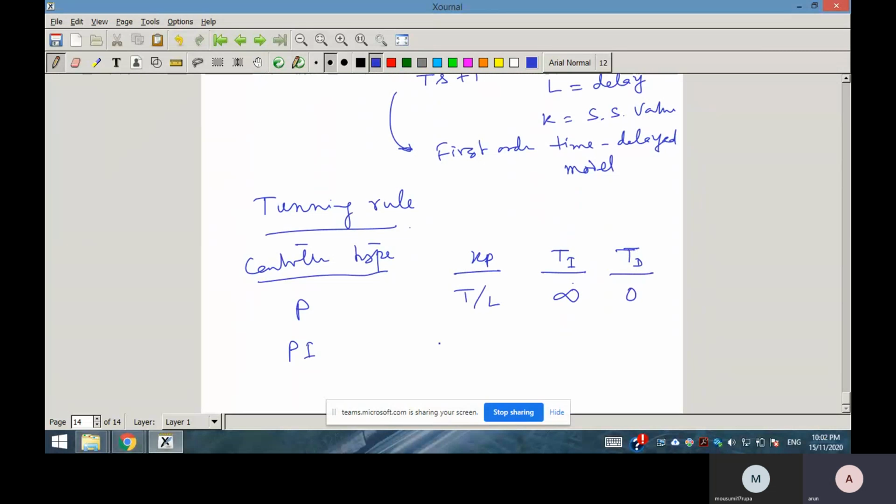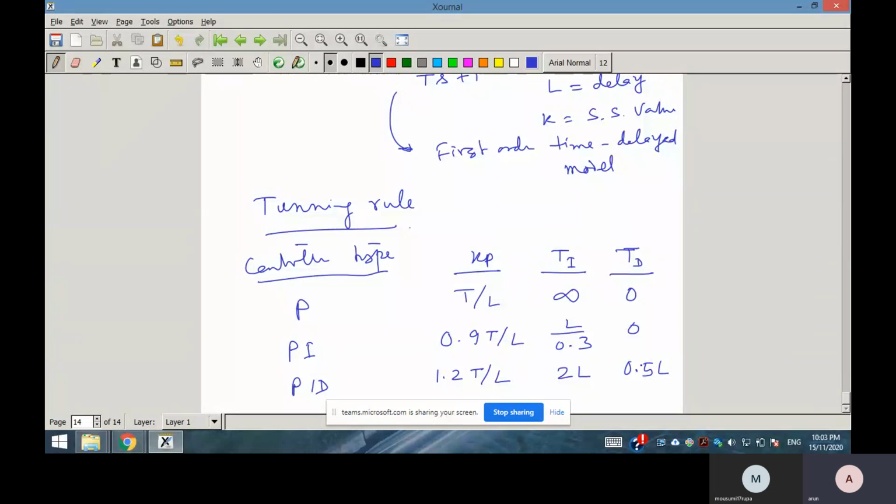If it is PI, then Kp is 0.9 into T by L, Ti is L by 0.3, and Td is 0. And for PID, Kp is 1.2 into T by L, Ti is 2 into L, and Td is 0.5 into L.